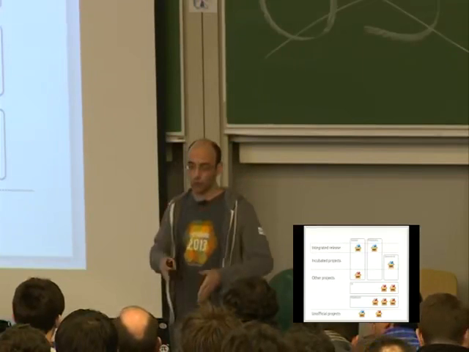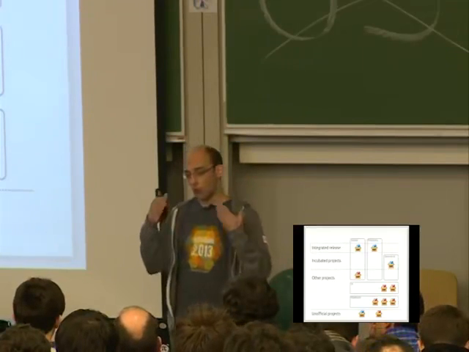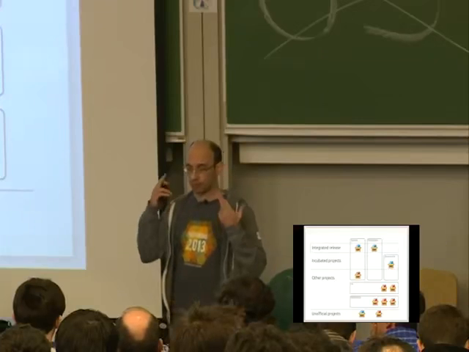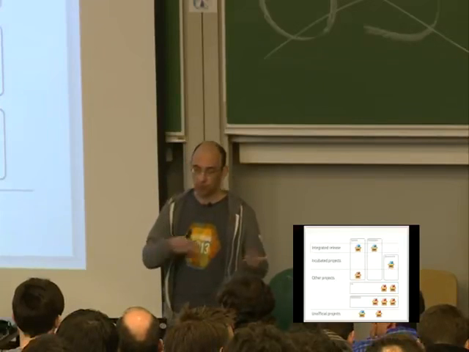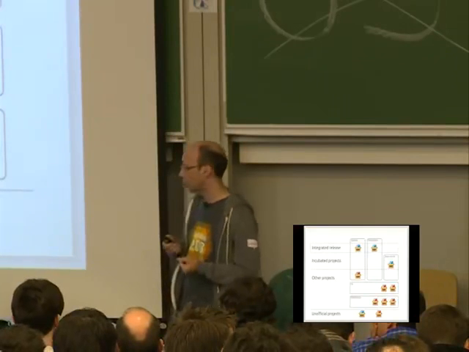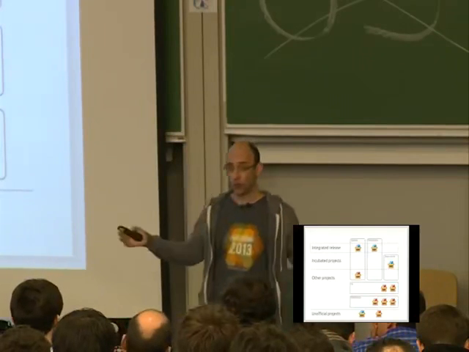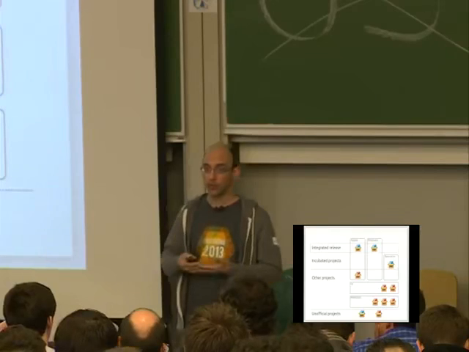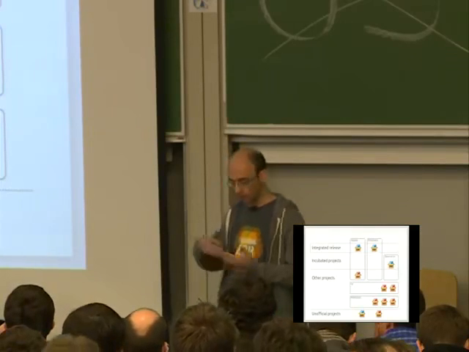So you have vertical ones which develop one of the key components of OpenStack, but also horizontal ones like QA or infrastructure, where the goal is to serve all the rest of the project with various things.